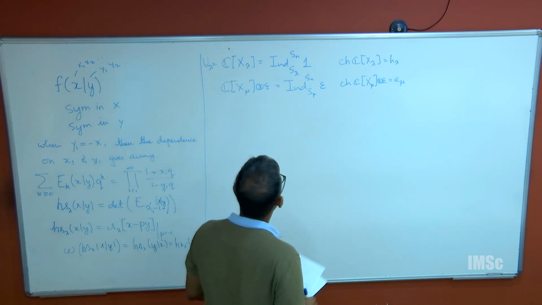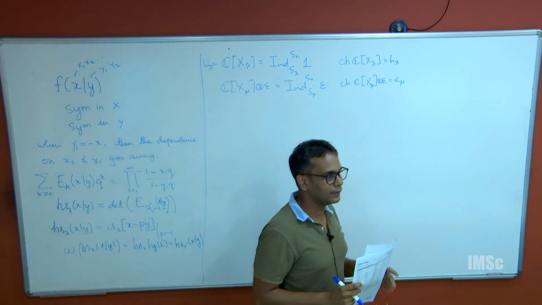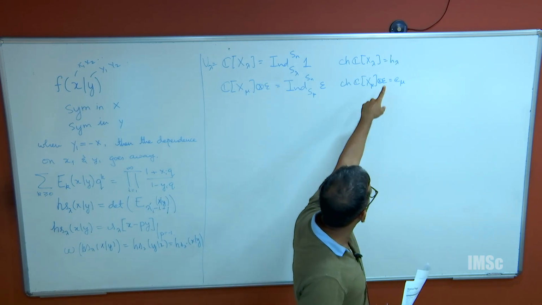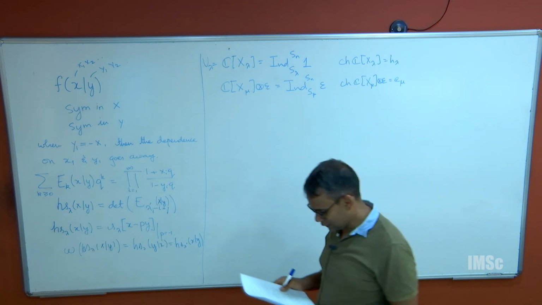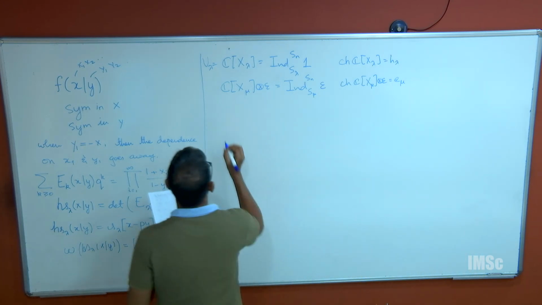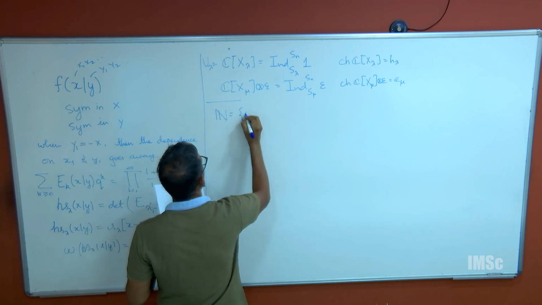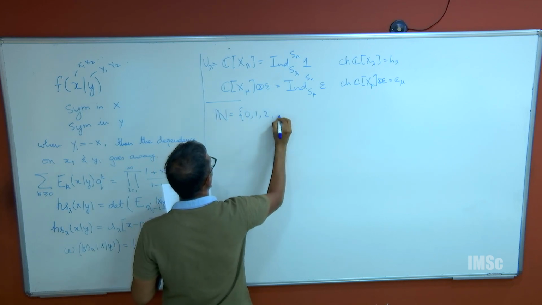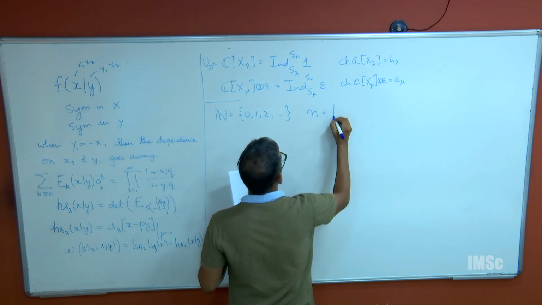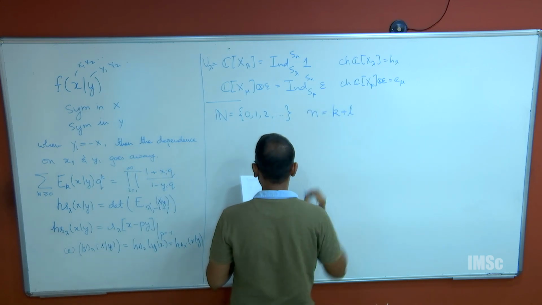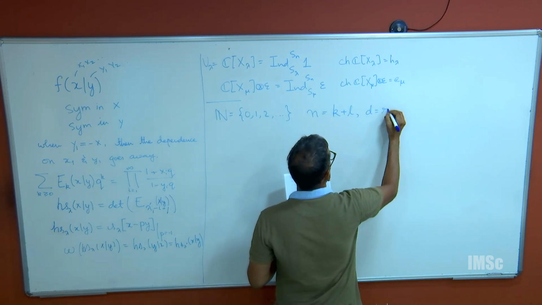And so what I want to do, it's very natural to try to mix these up and get a representation whose Frobenius characteristic will be h lambda times e mu. So I'll just introduce some notation. N denotes non-negative integers. N will be broken up into a sum k plus l, and d will be written as r plus s.